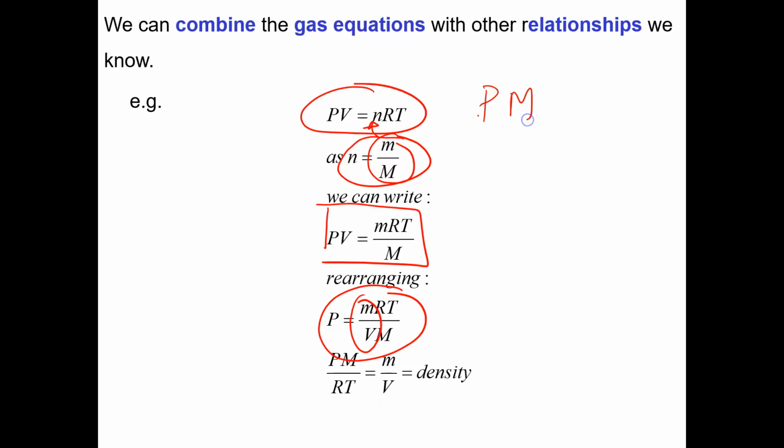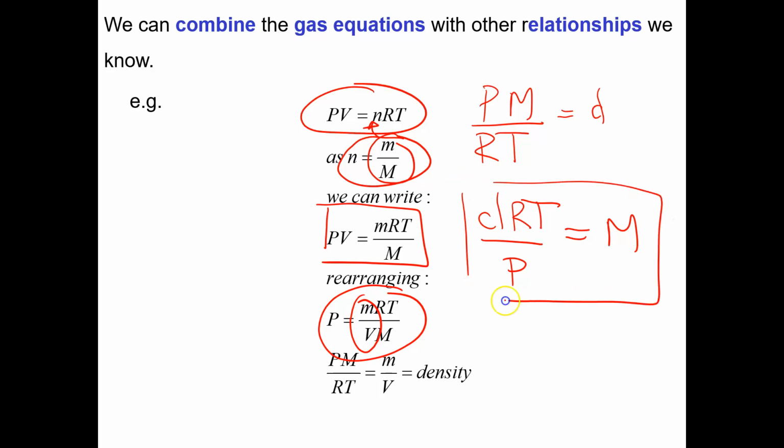The pressure times the molar mass divided by the ideal gas constant multiplied by the temperature is equal to the density of a gas. This can also be reorganized to get an expression for the molar mass of a gas. dRT on P gives me the molar mass.